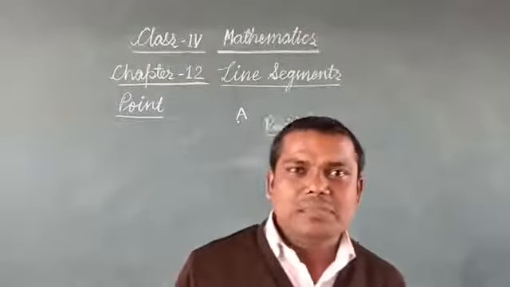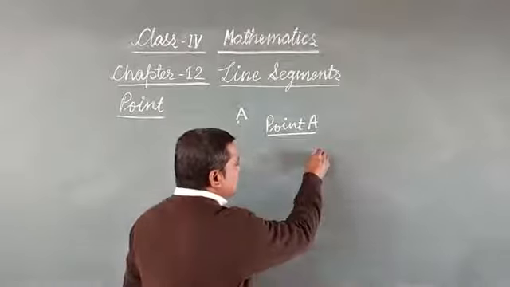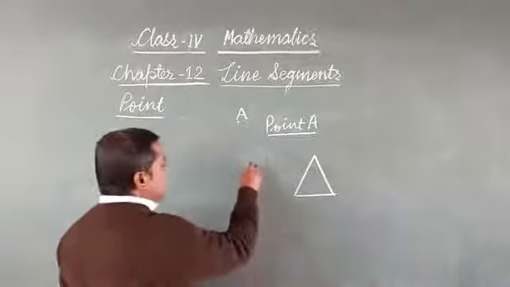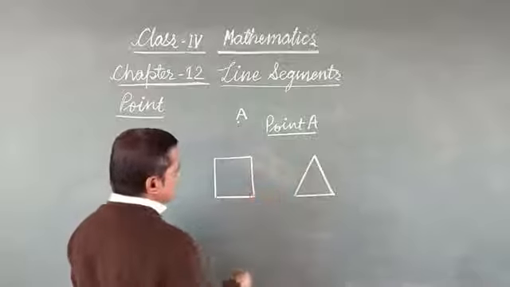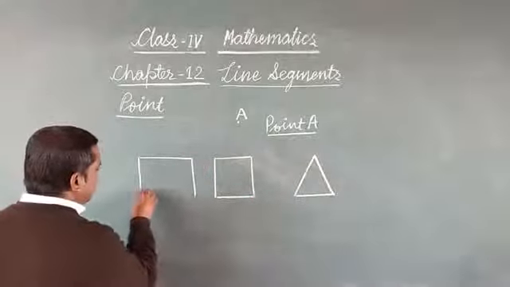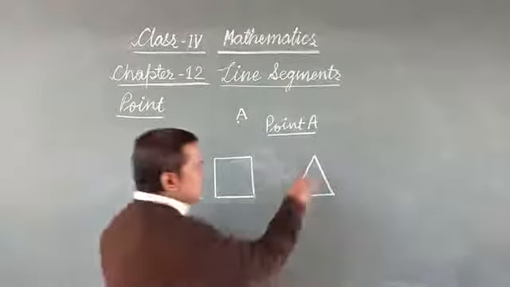You have studied about different figures like this one, triangle. You have studied this one, square. You have studied this one, rectangle. Now in these three figures you know vertices.